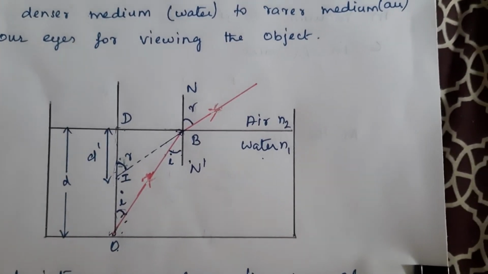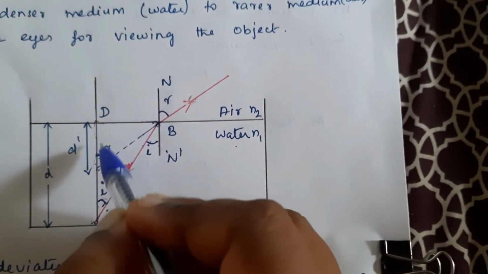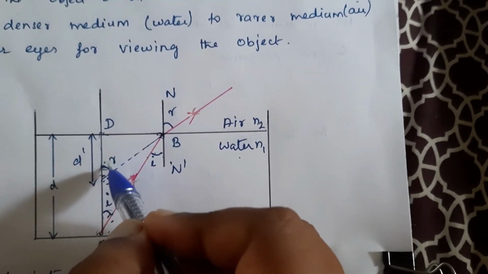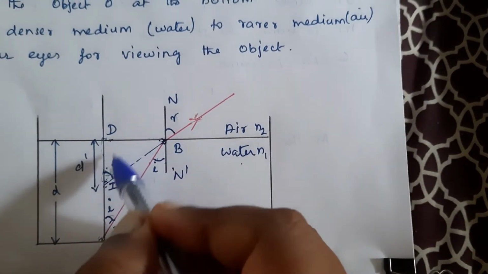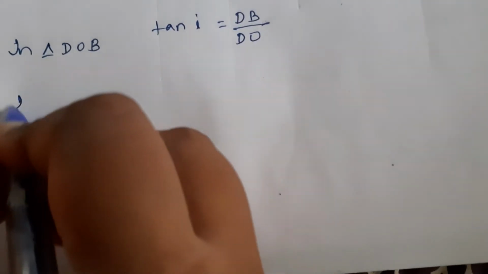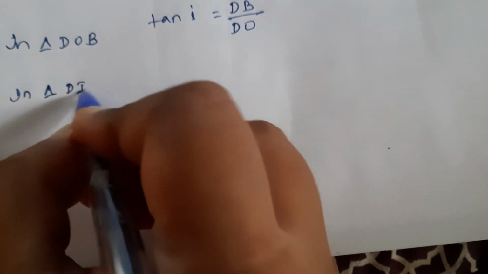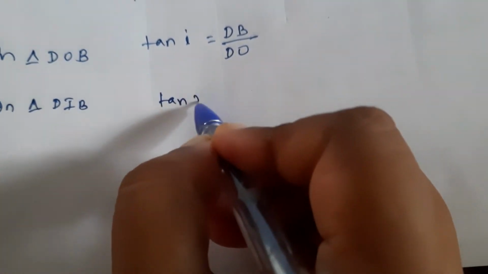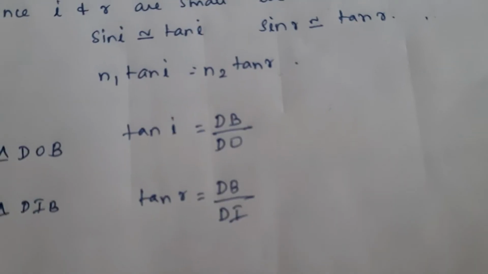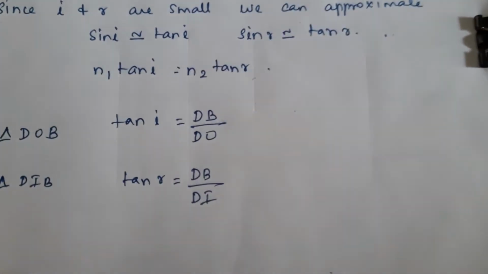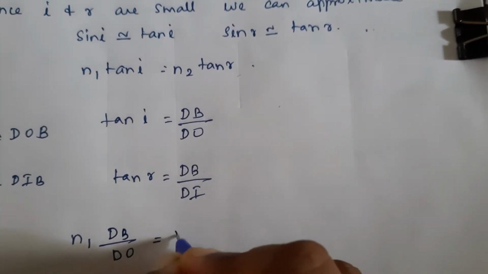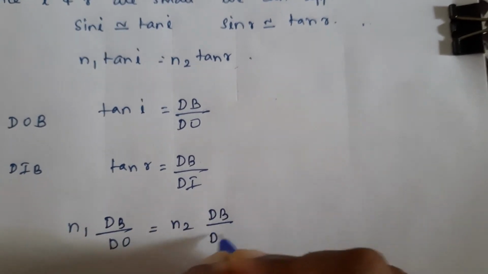Now I am going to take the next triangle, DIB, this small triangle. What is tan R? In triangle DIB, tan R is equal to DB by DI. Now I substitute for tan I and tan R. So N1 DB by DO is equal to N2 DB by DI.